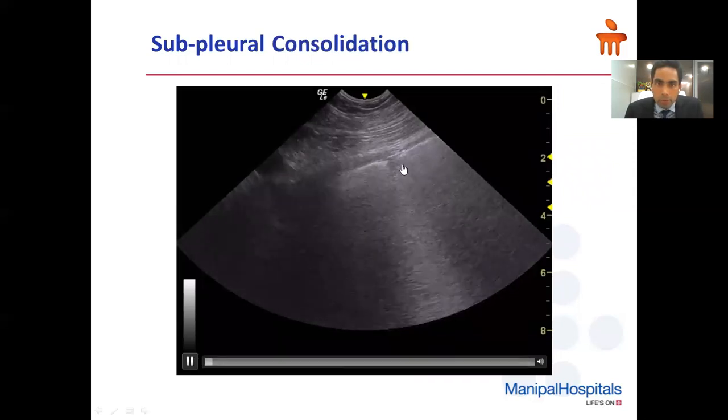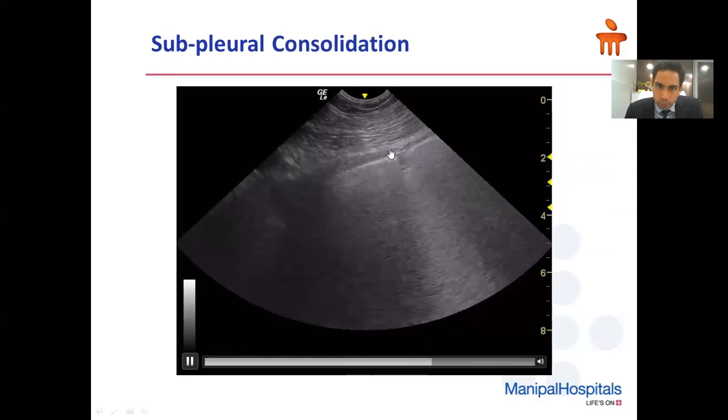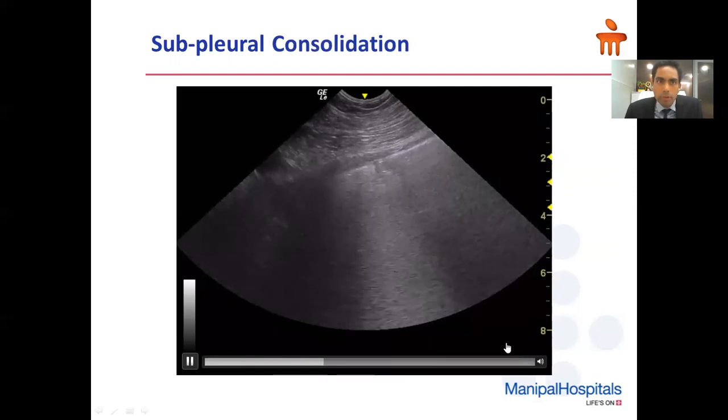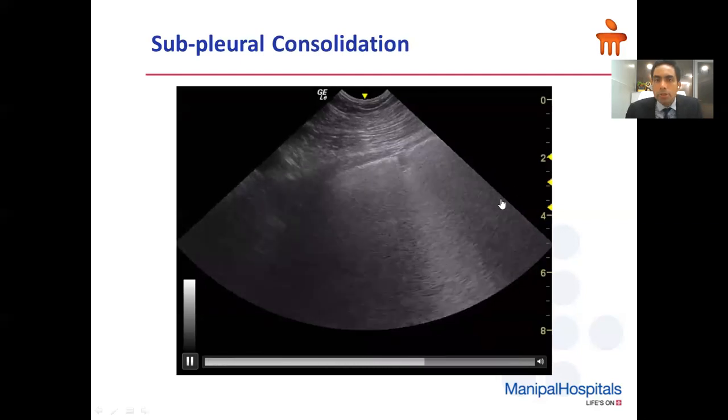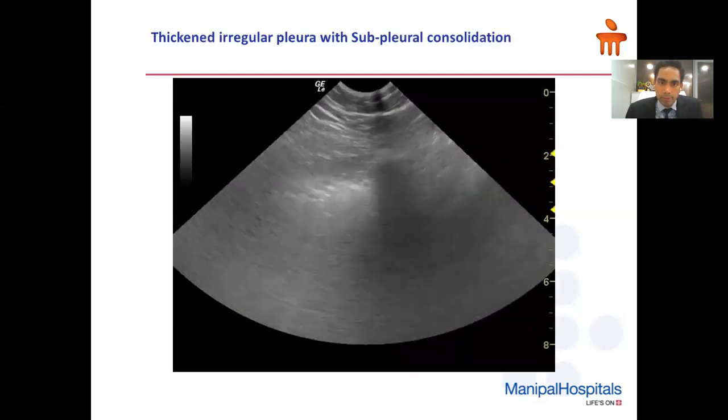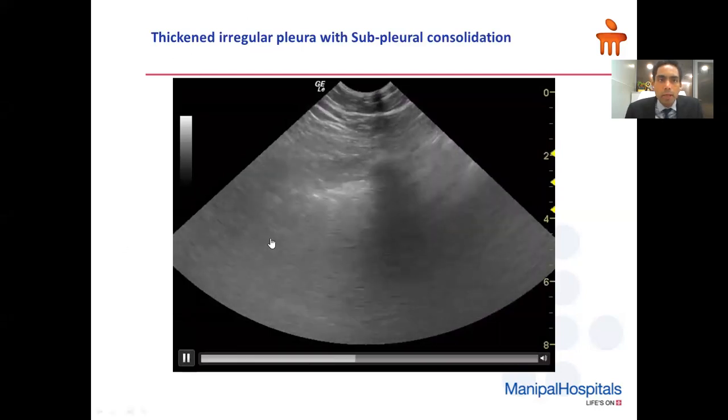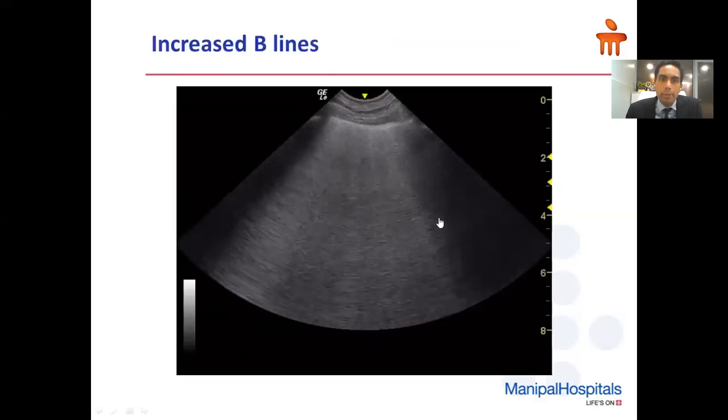This looks like a bite of lung has been taken off. This part is called subpleural consolidation, again indicating a peripheral disease, and the distribution will be patchy. Again, another characteristic feature of COVID pneumonia. Here, a combination of thickened pleura with the subpleural consolidation is seen, another feature of COVID pneumonia.